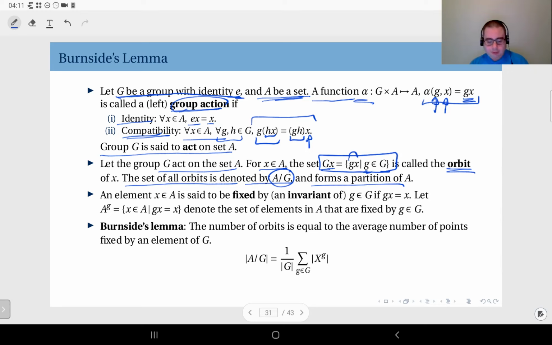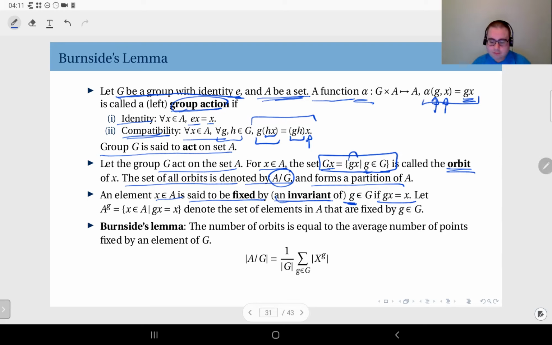Okay, so an element x in set A is said to be fixed by, or is said to be an invariant of, some permutation g in the group, if this particular permutation g maps the element x to itself.